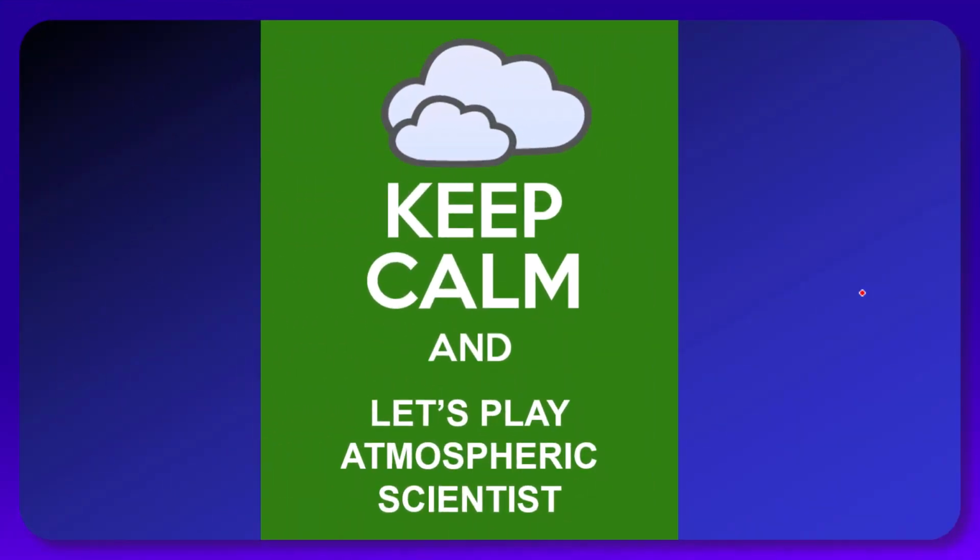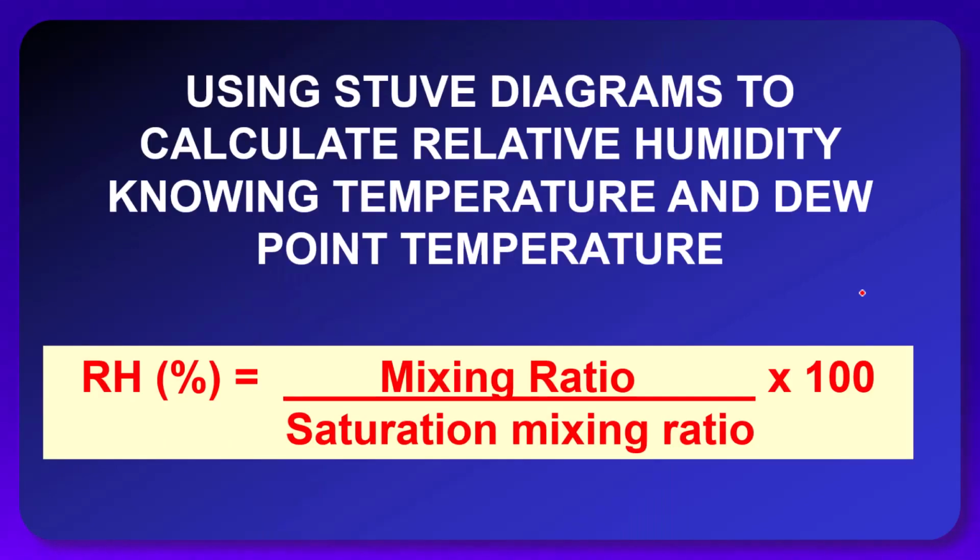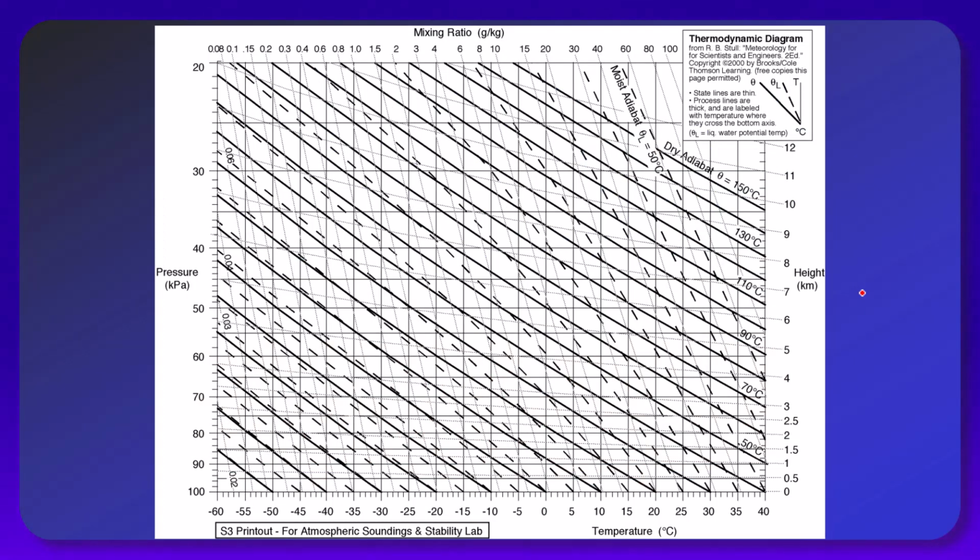So let's work a couple of examples. Remember, relative humidity equals mixing ratio over saturation mixing ratio times 100. So let's start with a Stuve diagram. This is the one in figure 3 of the lab. On the x-axis, we have temperatures in degrees Celsius.